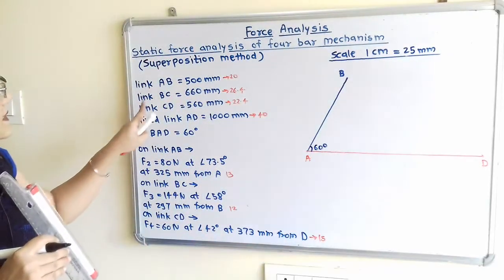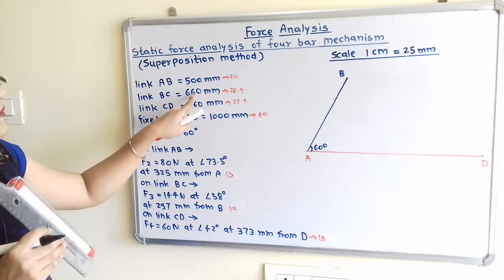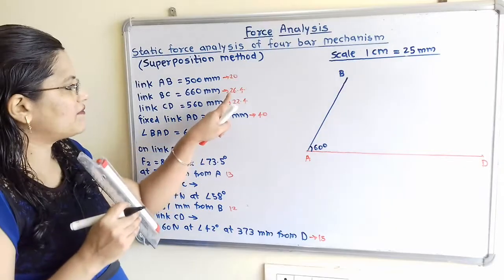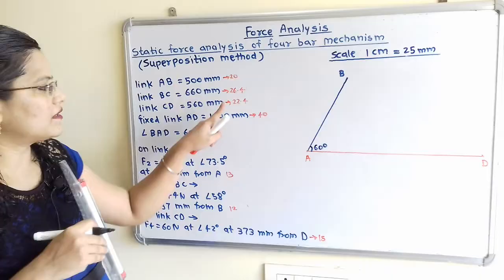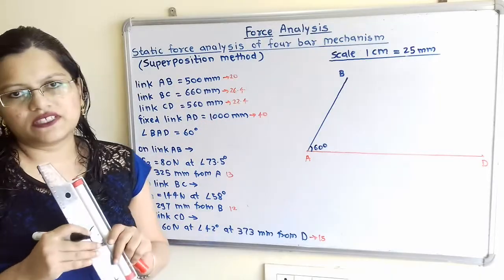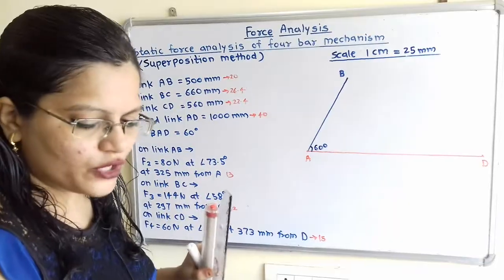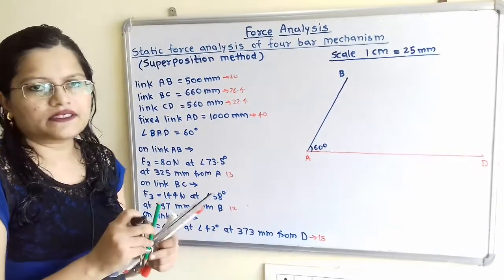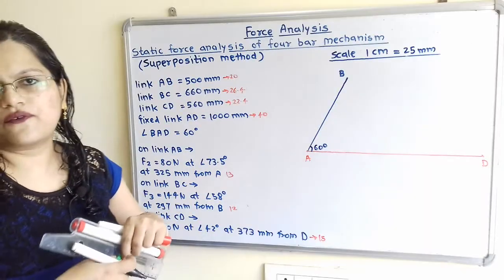Now link BC and link CD is mentioned. So BC 660 mm, that is 660 divided by 25, 26.4 cm, and CD 560 mm, that is 22.4 cm. So exact location of C is not known. So we will use here the compass. In compass, we will take the distance of 26.4 cm.